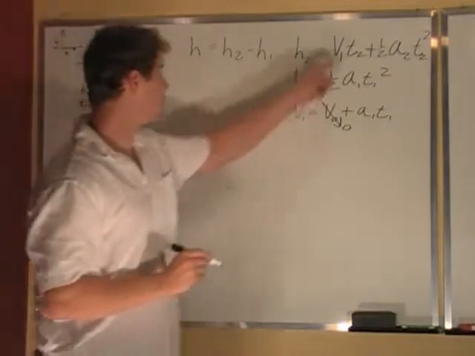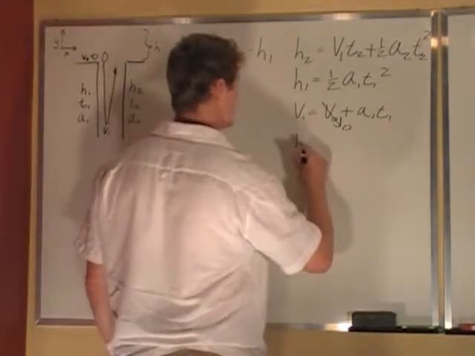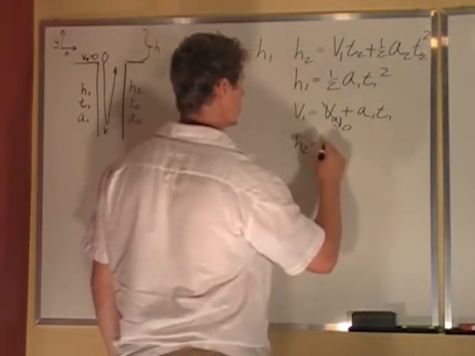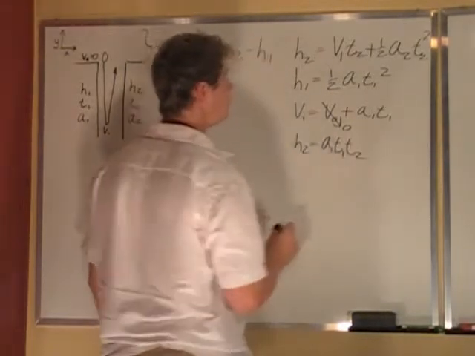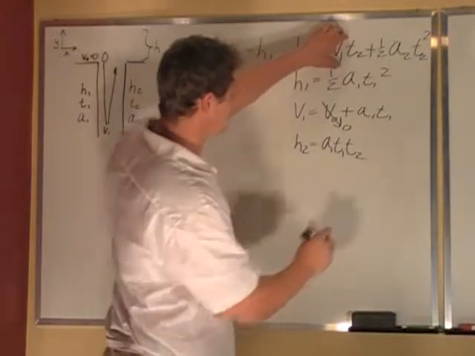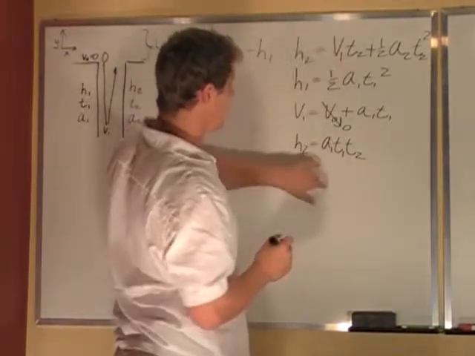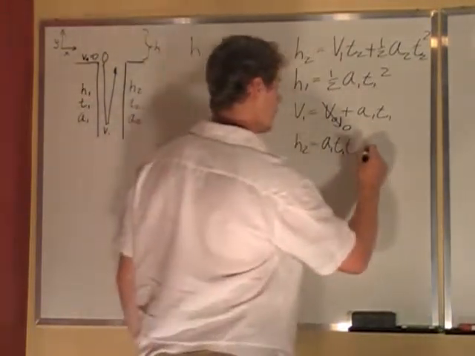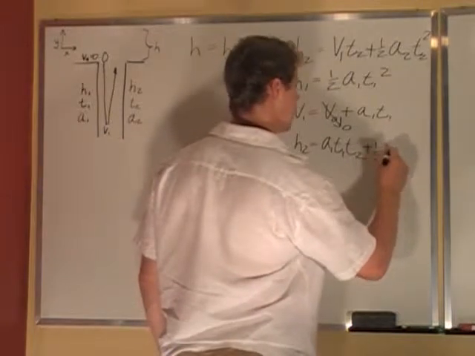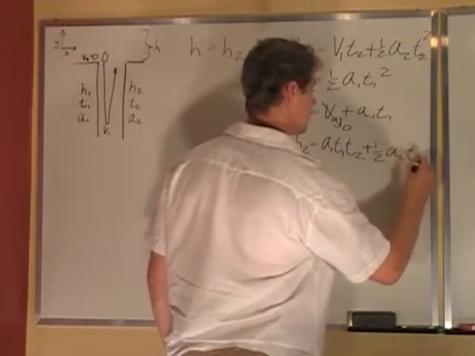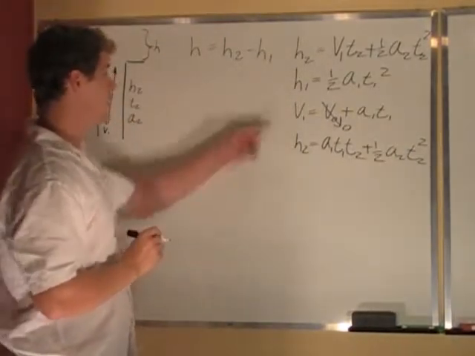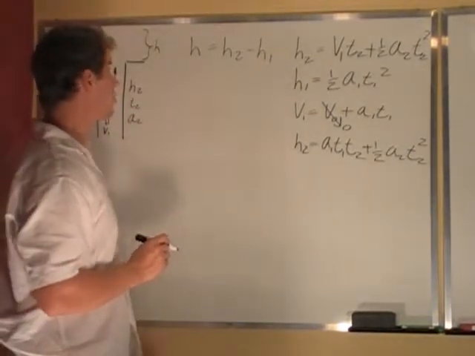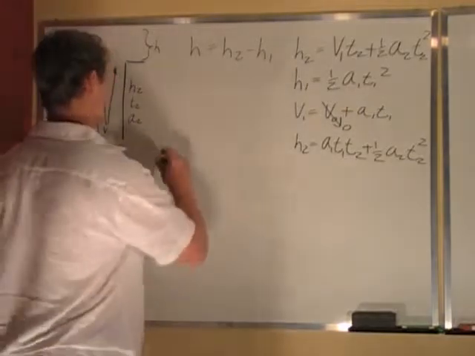So now we can plug this back into h2. I just took this v1 and subbed in a1 t1 to give me h2 equals a1 t1 t2 plus 1/2 a2 t2 squared. Alright, now I have an expression for h1 and an expression for h2. I'm just going to plug it into my height formula.